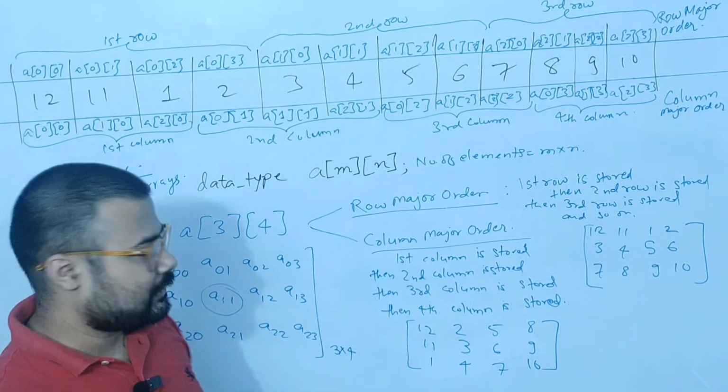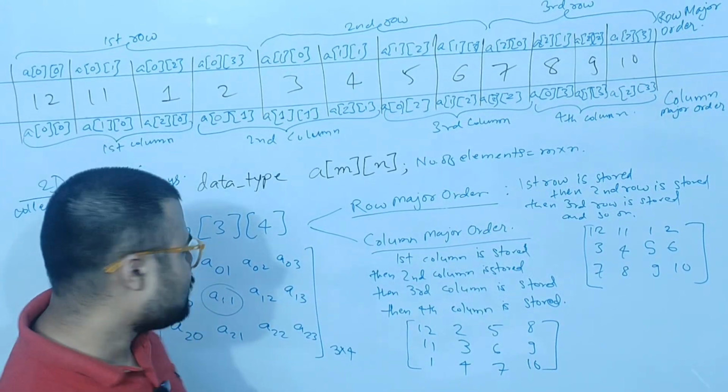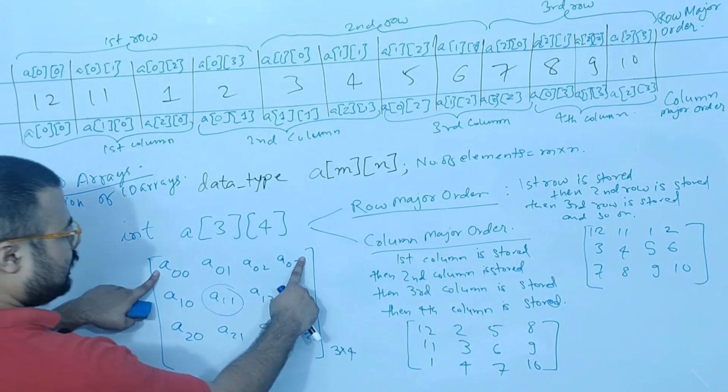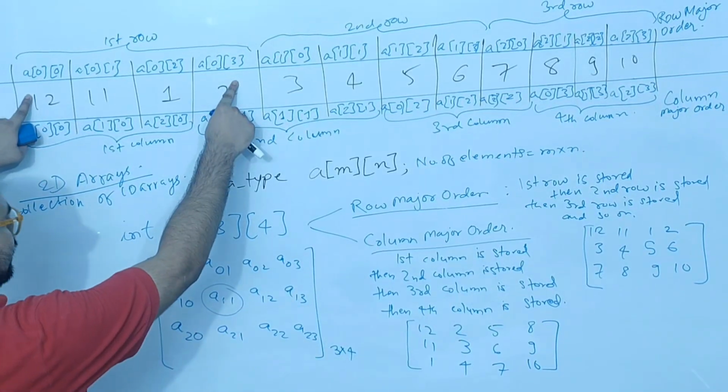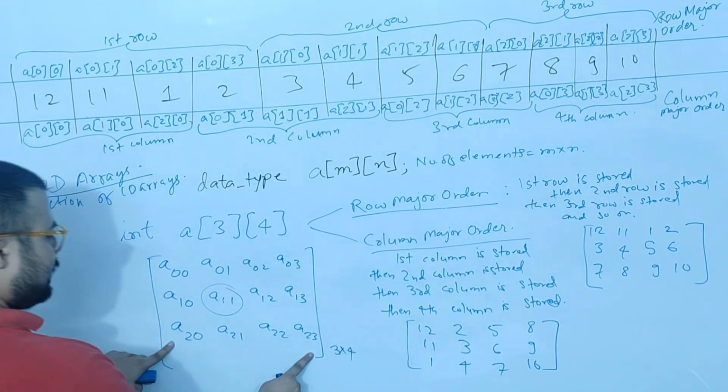So actually a 2D array is what? A collection of 1D arrays. If it is row major order, then this is one array, this is another array, this is another array.